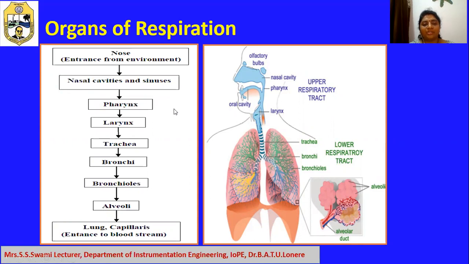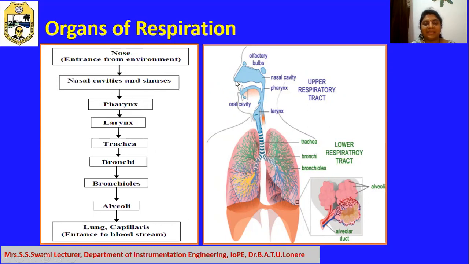So, these are the organs of respiration. This shows the anatomical diagram of the organs of respiration, and this one is the flow diagram. By seeing this flow diagram, we will easily come to know how the air is taken into the body through the various parts.